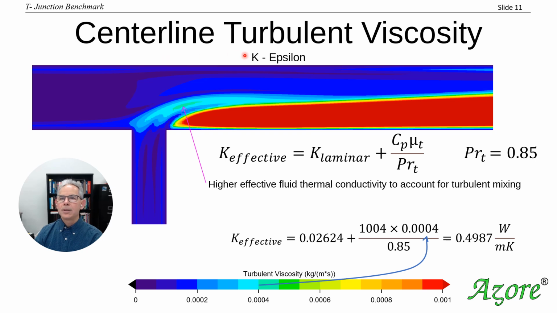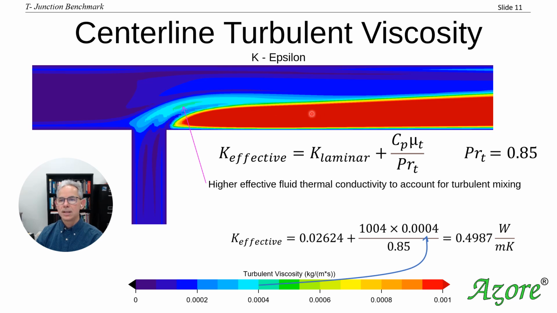So I thought it'd be a good idea to look at this scalar field, this turbulent viscosity scalar field. What I have done here is taken the prediction of the turbulent viscosity based on the K epsilon turbulence model, and I have plotted it here. This is right at the center line of our T-junction, and this is the prediction of the turbulent viscosity there.